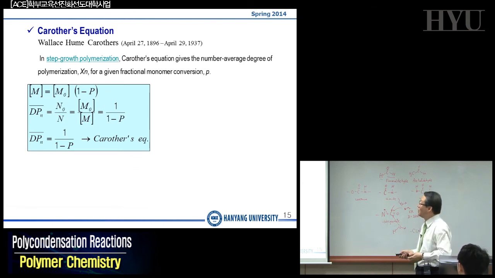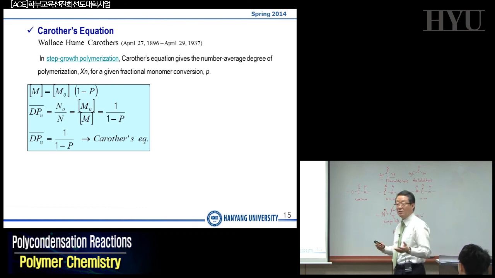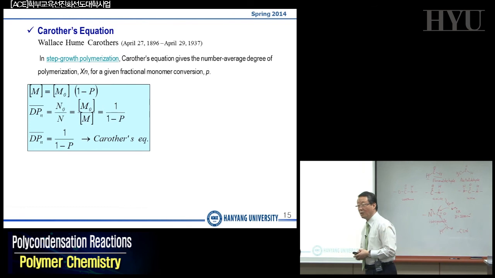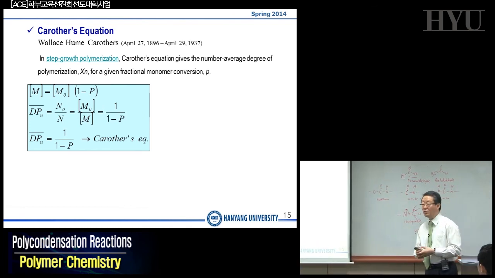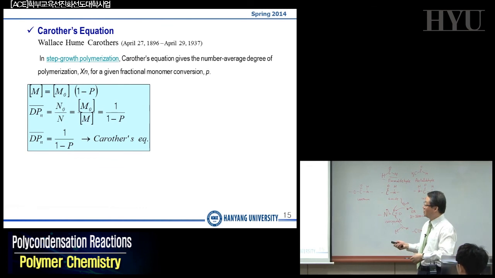So this is a very simple equation where C is equal to C0 times 1 minus p. In your physical chemistry textbook or reaction engineering courses, you can just replace the C with M, which in this case is a monomer.